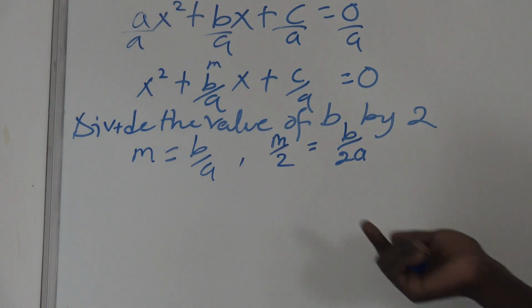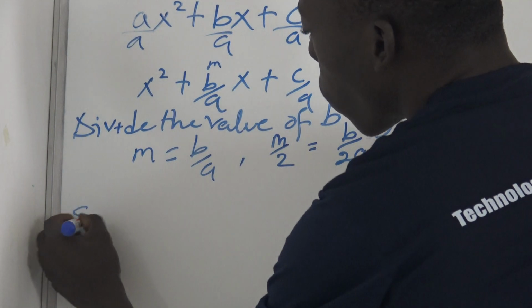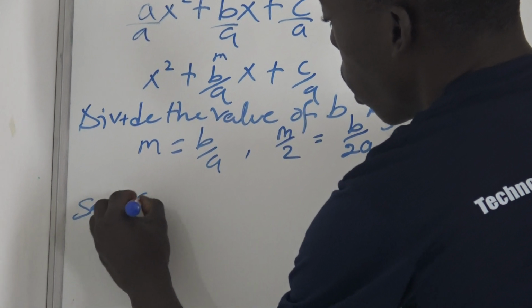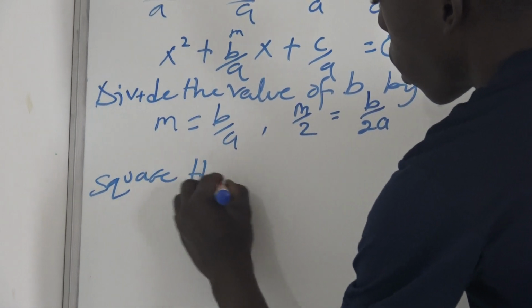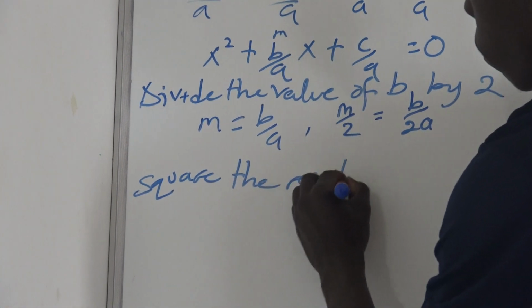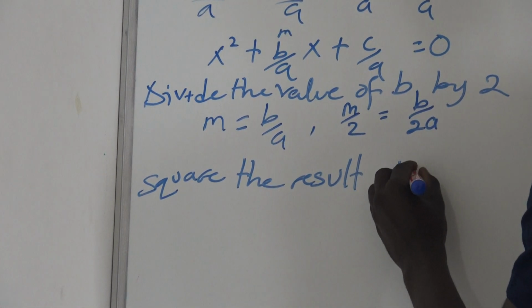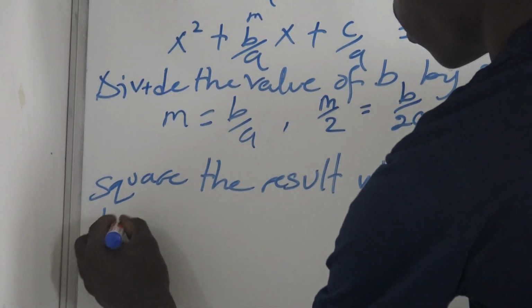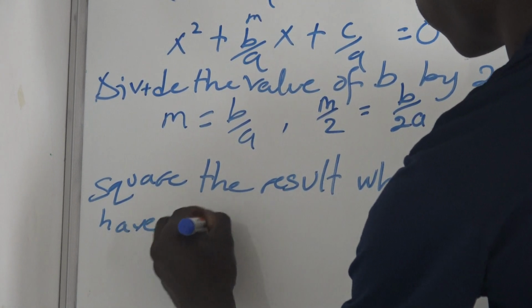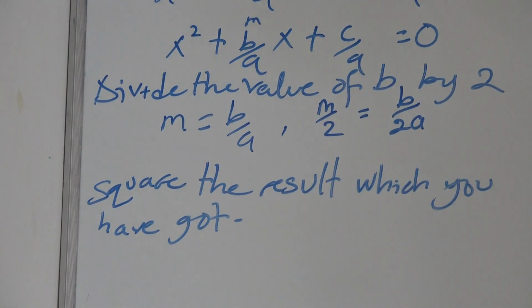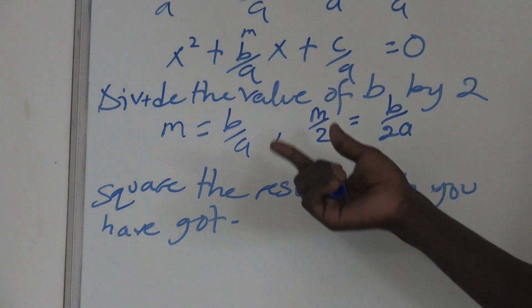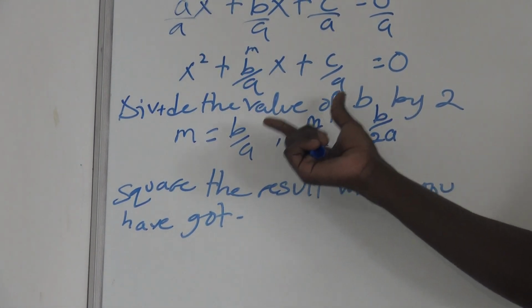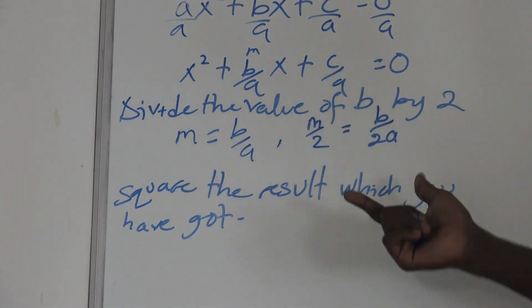Then from there, you have to square the result which you have got. That means it is m out of 2, and we are going to square it.